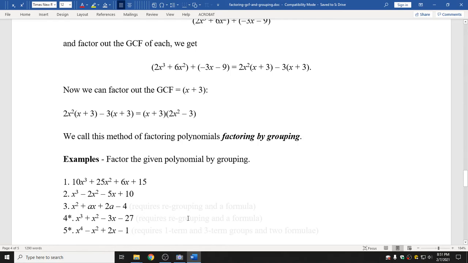I'm going to erase the board to write number 4 on the board. So we have x cubed plus x squared minus 3x minus 27.